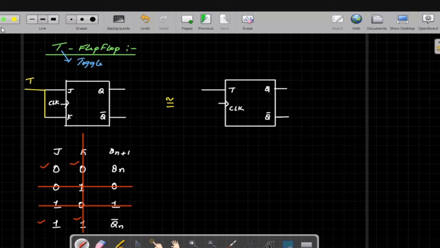Let me write it in this way: truth table for T flip flop. With this, first we consider the clock, then the J terminal, which has now become the T terminal, so we'll consider T, and then we will talk about the present state.